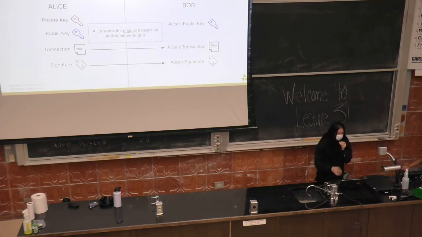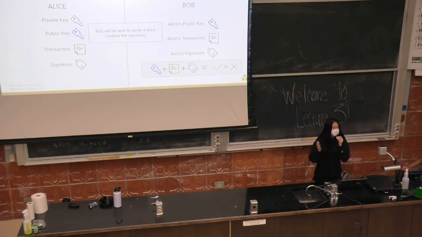So she basically wants to send the transaction as well as her signature to Bob. And the signature is used to verify that Alice is actually the one who sent it. If Bob uses Alice's public key as well as her transaction and signature, he can verify that it was in fact Alice who sent the transaction.